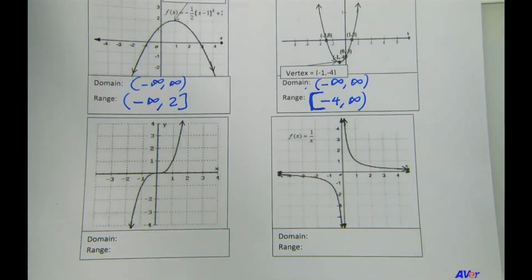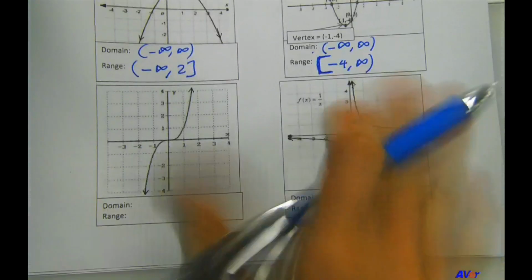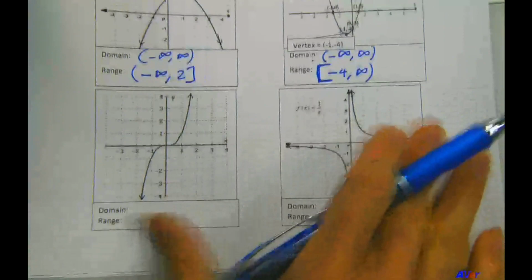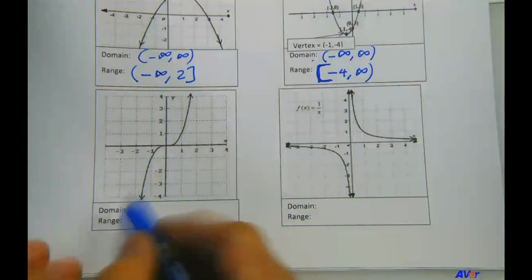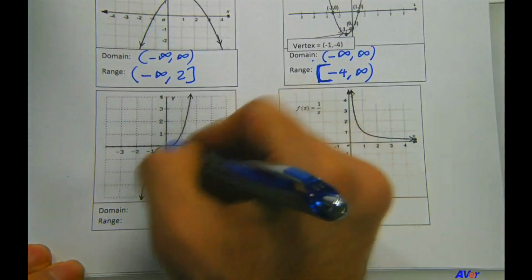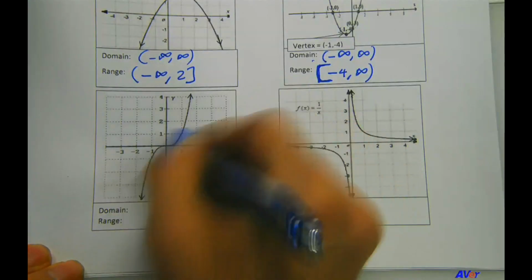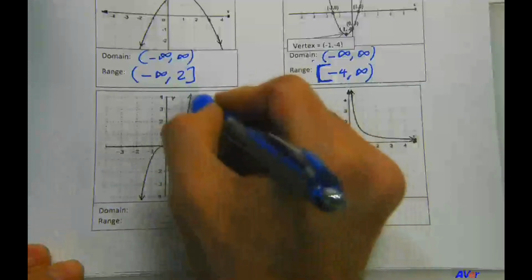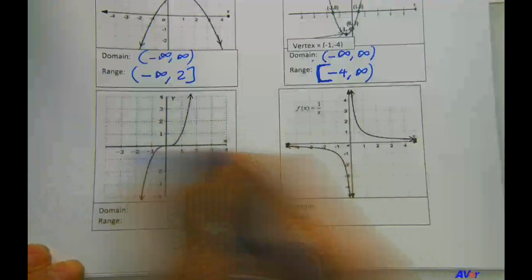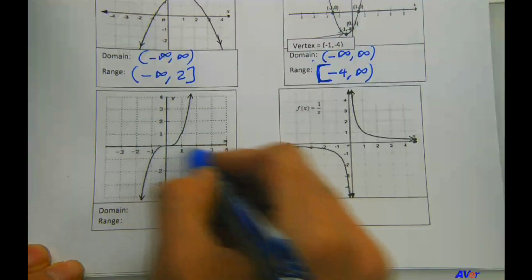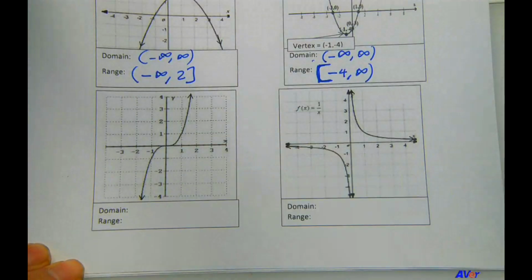Okay. This one, I'm hoping you've written down your solutions for these as well. So look at the domain. Is there any restriction on x values this function can take? No. If you continue these lines and look at the behavior along the x-axis, this function can accept all values along the x-axis.